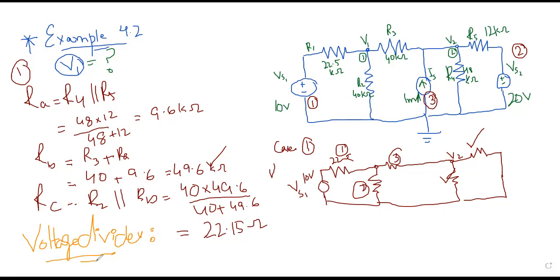As we know, according to the voltage divider, V11, as we have to find the voltage drop at 1, this is my voltage source 1, this is my V1.